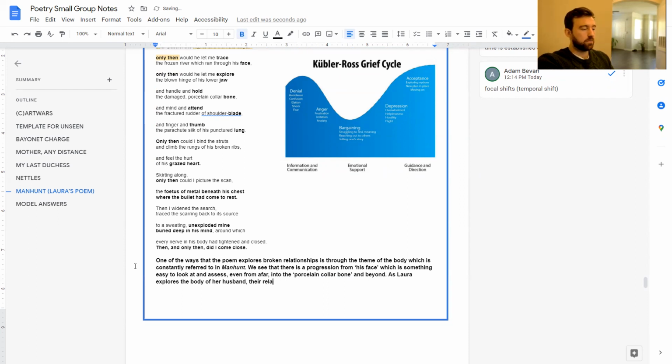Their relationship becomes more and more broken. This is also reflected in the rhyme scheme, which goes from rhyming couplets into broken rhyme at the point that Laura goes deeper into her exploration of the husband. The face and jaw are superficial, but the collarbone onwards is not.